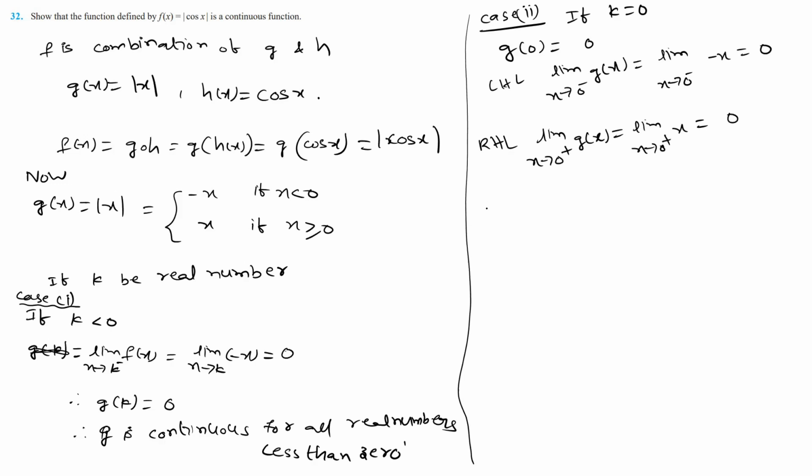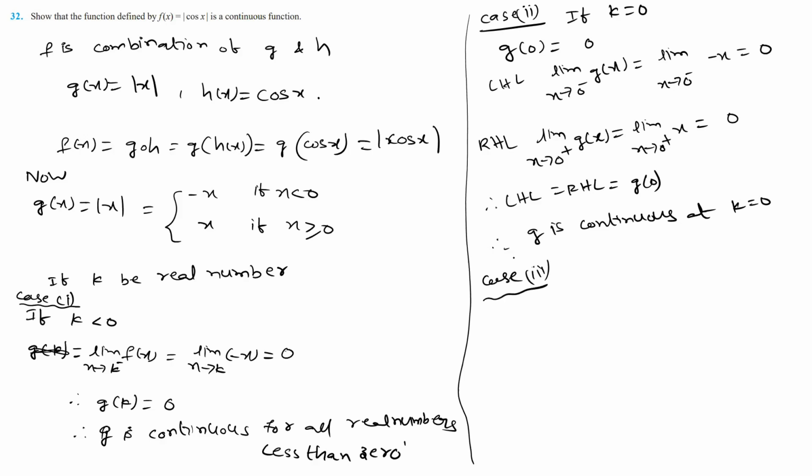So here also we will get 0. Therefore, LHL is equal to RHL is equal to g of 0. Therefore, g is continuous at k equal to 0.